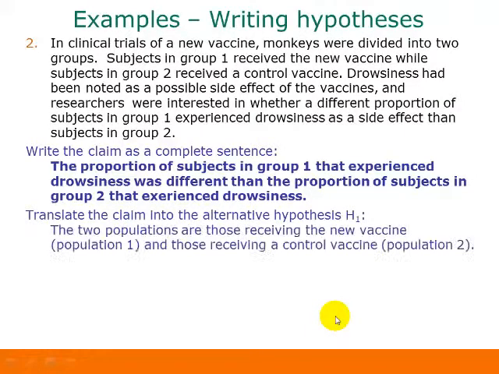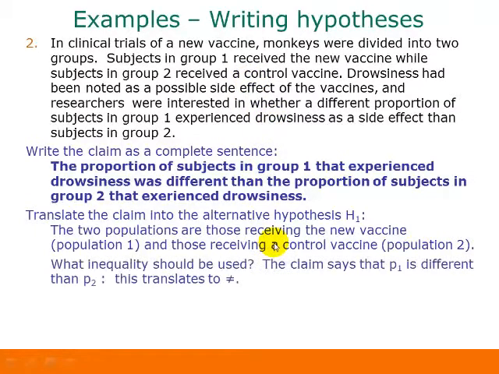Now, to translate this, again, we're deciding what our two populations are. Since we already have it up here stated as group 1 and group 2, it would be easier to make those match. So, let's say that our population 1 is those receiving the new vaccine, because that was group 1. And those receiving a control vaccine would be population 2, because that was group 2. And what inequality should we use?